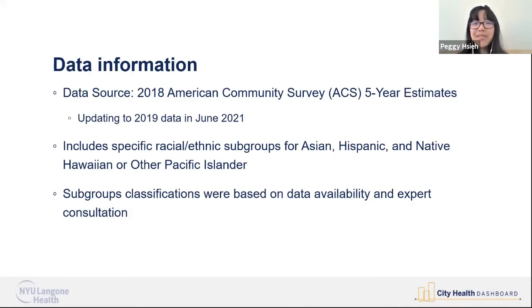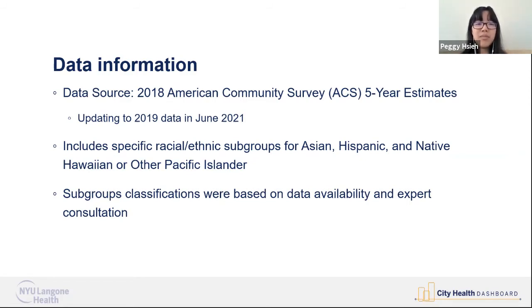So our data is from the ACS. As I mentioned, we specifically use 5-year estimates. The current estimates displayed on the site are from 2018, but we are updating to 2019 data soon in June. And we have specific racial ethnic subgroups for not only the Asian population, but also the Hispanic and Native Hawaiian or other Pacific Islander population.